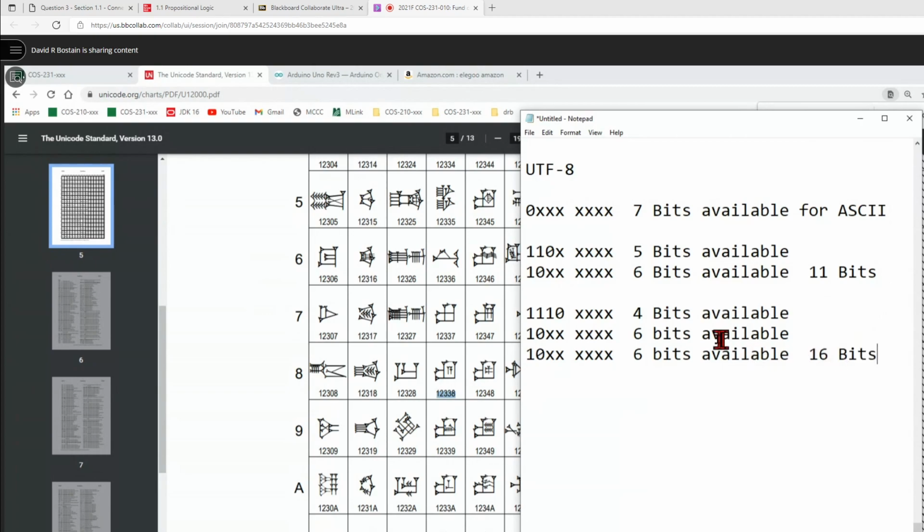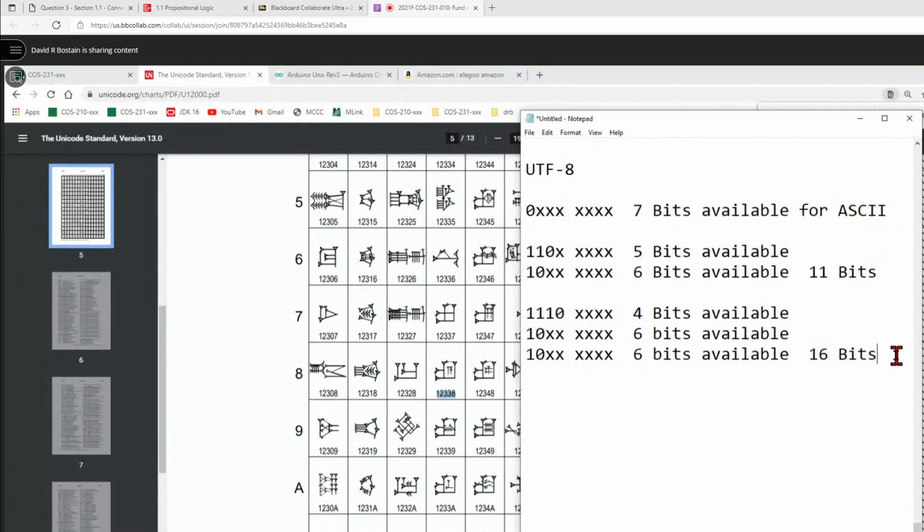Now notice that 16 bits here is spread out across 3 bytes. So UTF-16 is a better code if you are having characters that are 16 bits. Because here it would cost you 3 bytes. There it only costs you 2. However, ASCII only costs you 1, and since it's most of the web, all the HTML tags and everything there are all in English, then the ASCII values, the 7 bits, will be much smaller.